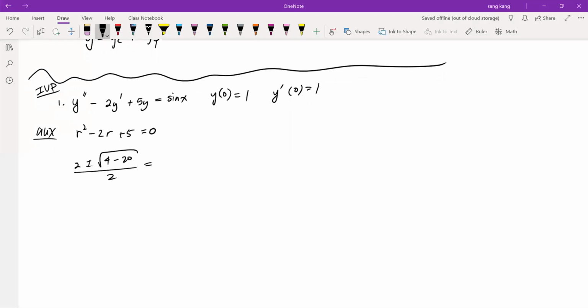This will give us 2 plus or minus 4i over 2, which is 1 plus or minus 2i. So these are my r's. My complementary will be e to the alpha x, c1 cosine of beta x plus c2 sine of beta x.